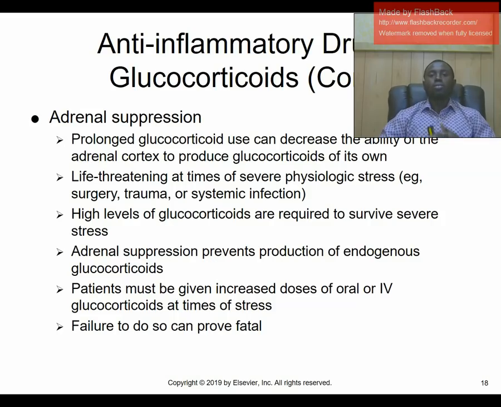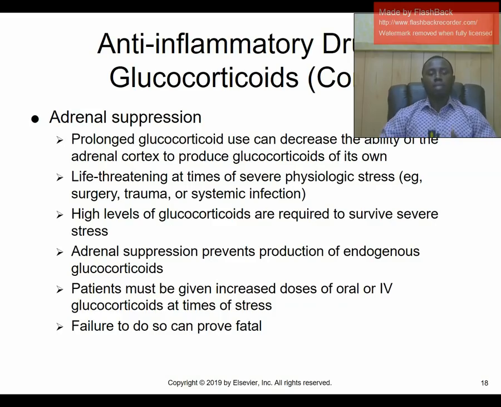And so, when you stop glucocorticoids abruptly, there will be an inadequate amount in the bloodstream as a result of the suppression. Therefore, glucocorticoids should be tapered down before they are stopped.